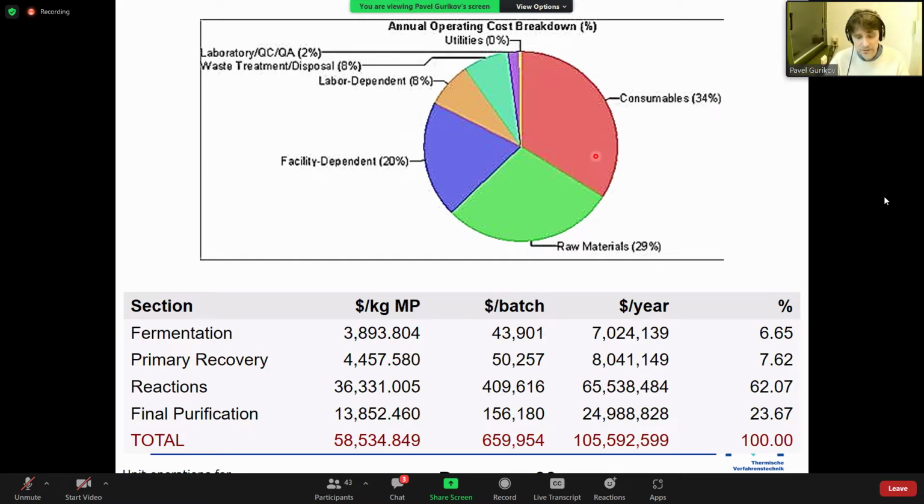You can easily do this analysis if you have such figures for operating costs. Of course, the marketing department will then tell you what a reasonable selling price is, how many competitors you have on the market, and what the structure of the market is. Of course, this $100 per gram is not the price in the drug shop.